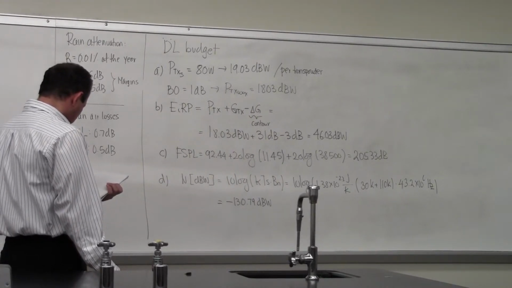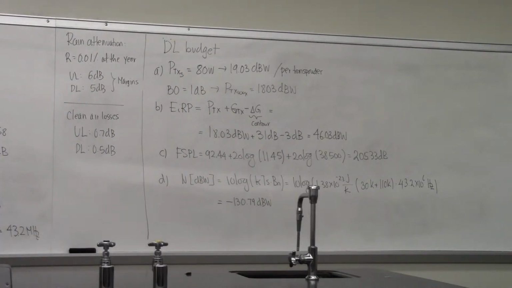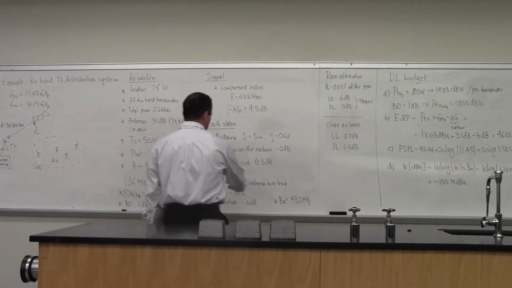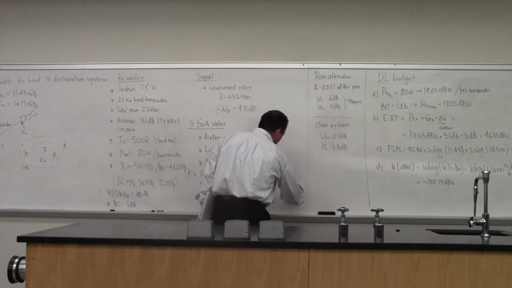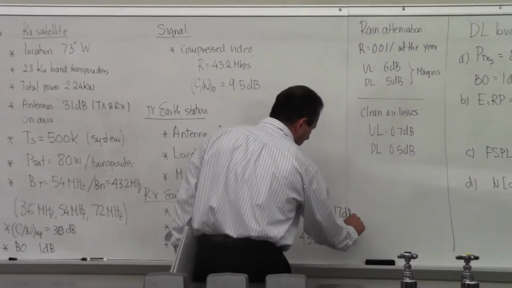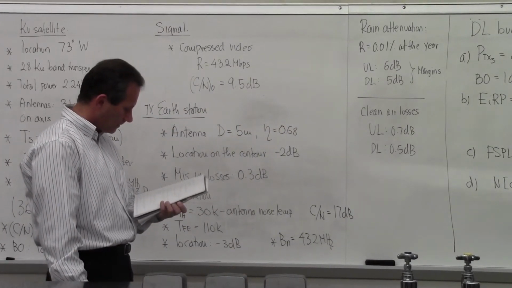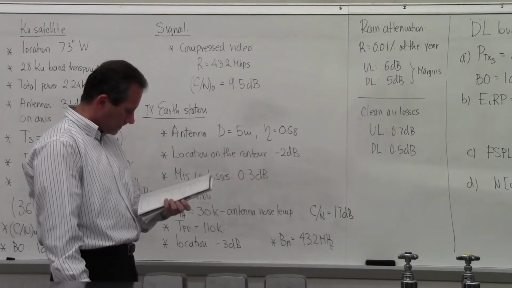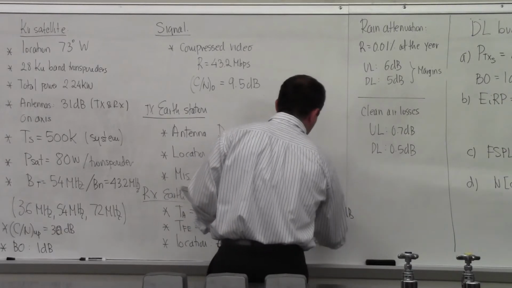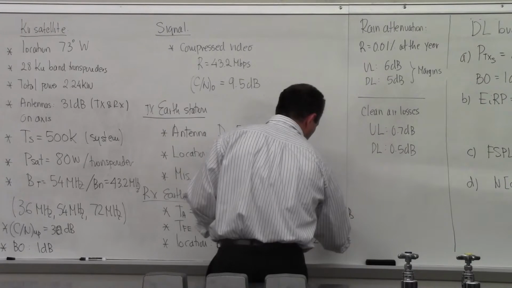Okay, so I didn't specify. What I'm doing is a design here, the receive Earth station. I want C2N to be 17 dB. That's the overall target, for all things.